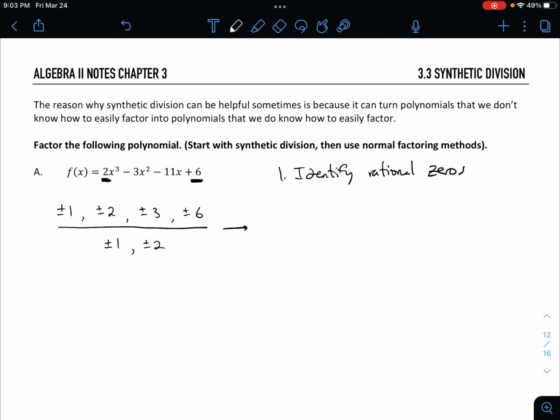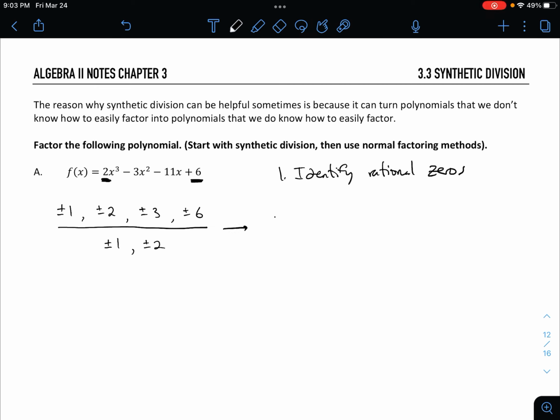And if I simplify this, well, the first option would give me plus or minus 1. And then if I take 1 over 2, we would get plus or minus 1/2. I could take 2 over 1, which would be positive or negative 2. And then I could take 2 over 2, which is 1. We've already got the 1 taken care of, so I'm not going to rewrite that.